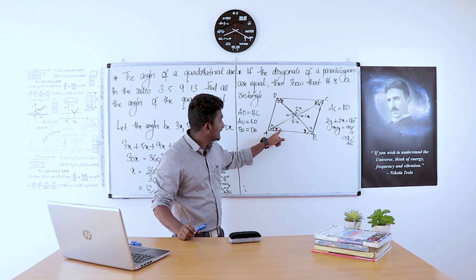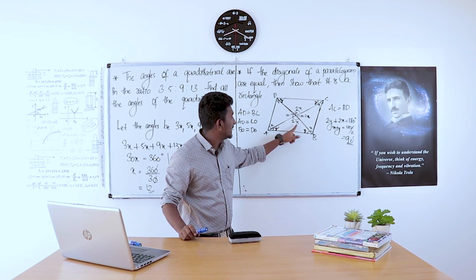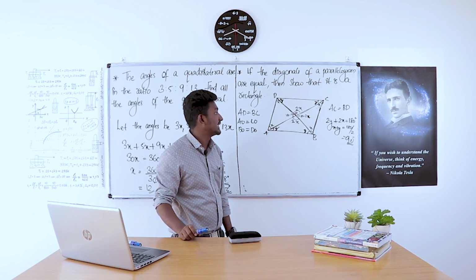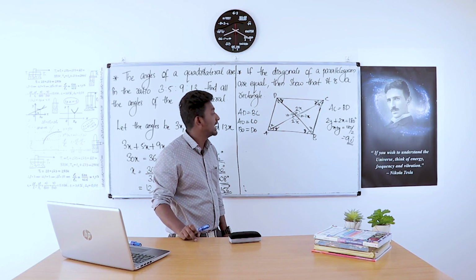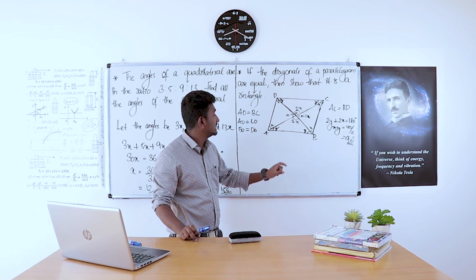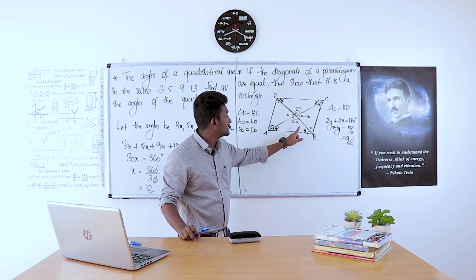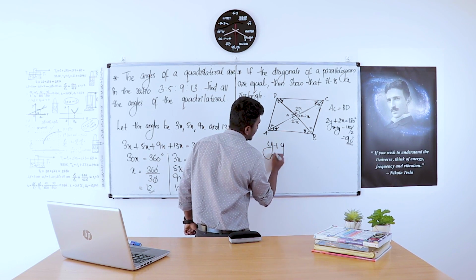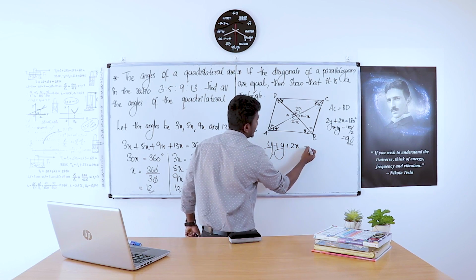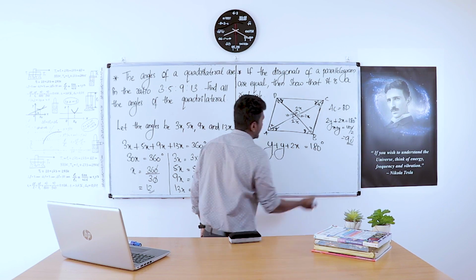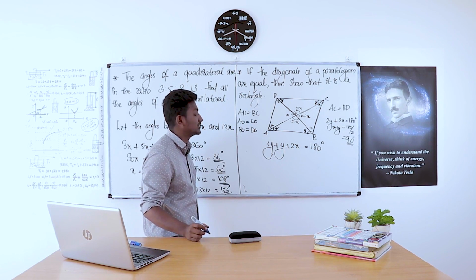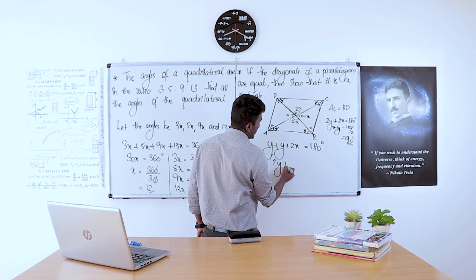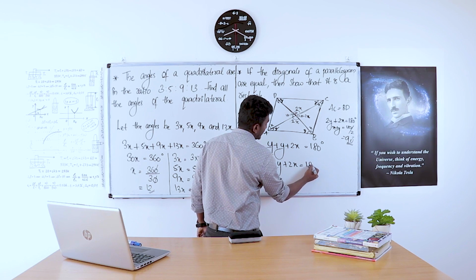Now look, in this triangle, both the angles are y and this is 2x. You all know that the sum of the angles in a triangle is 180 degrees. That means y plus y plus 2x is equal to 180 degrees. So 2y plus 2x is equal to 180 degrees.